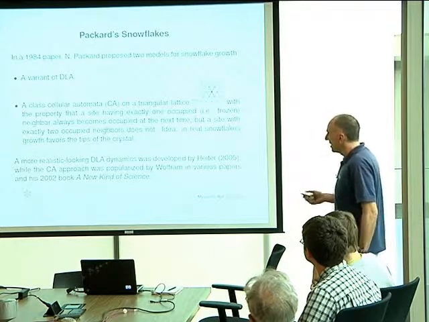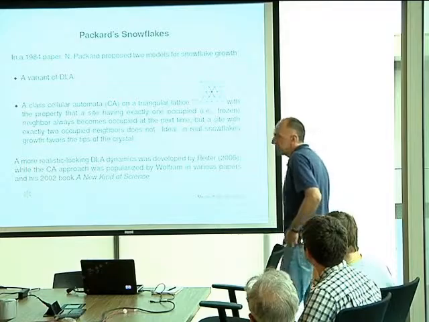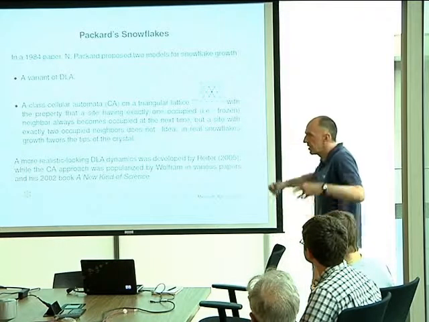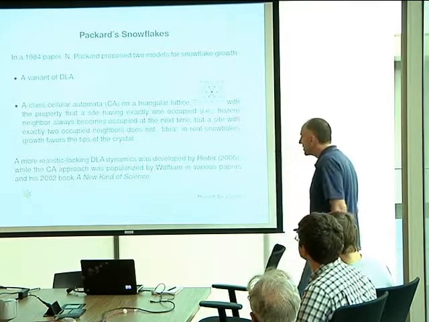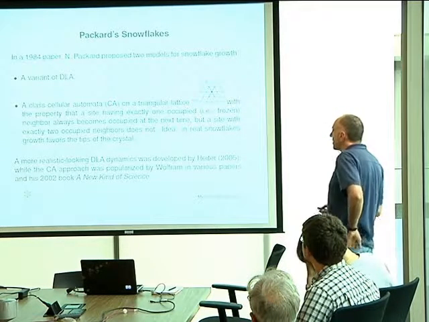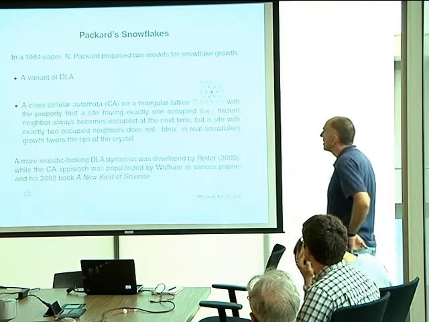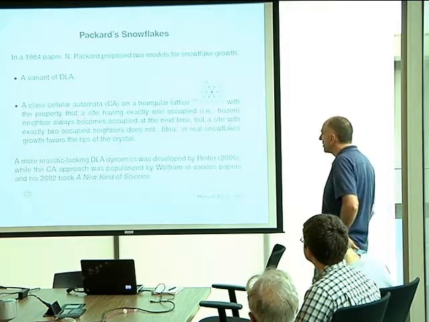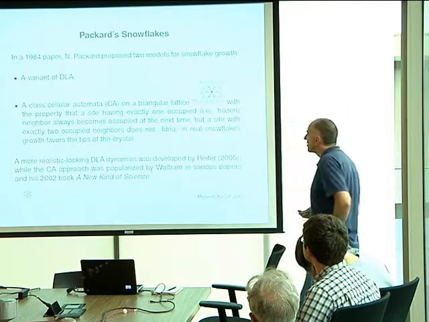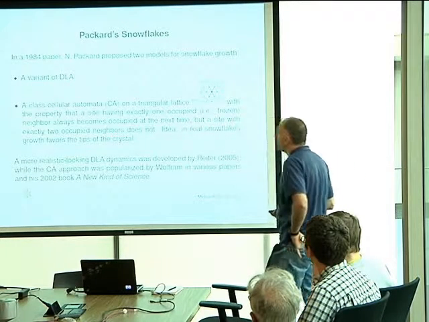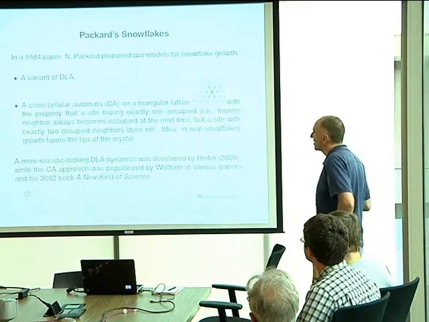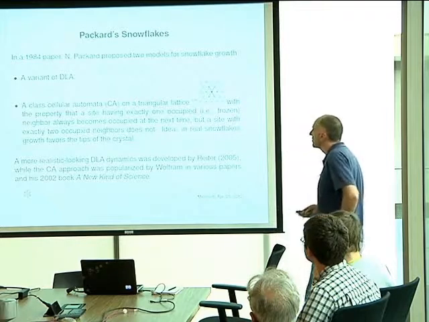And he thought that this is true for real snowflakes too, that the growth kind of favors the tips. So I should say that then this was developed a bit by Reiter recently, about 7 years ago. And of course, the cellular automaton approach was popularized by Wolfram in his book and various papers when he thought this was the last word on snowflakes.